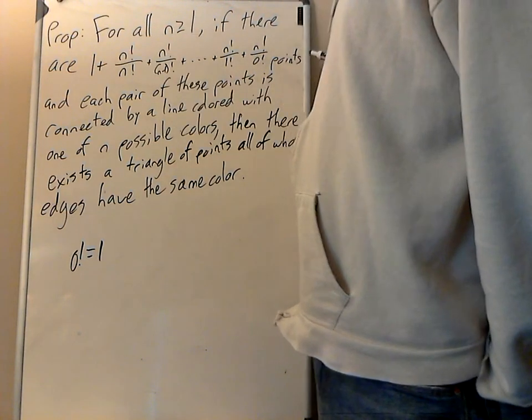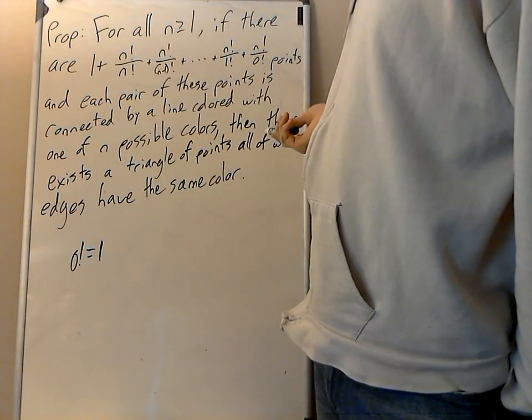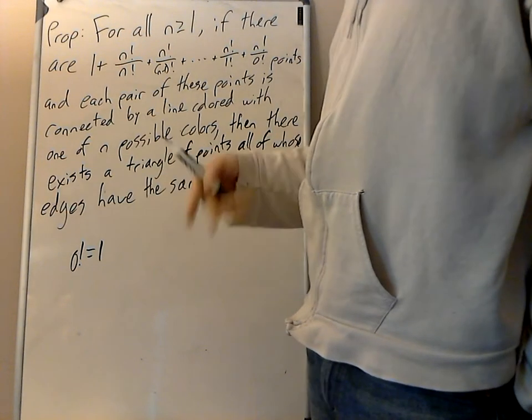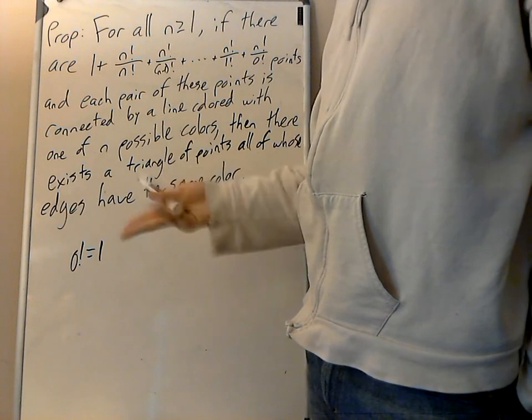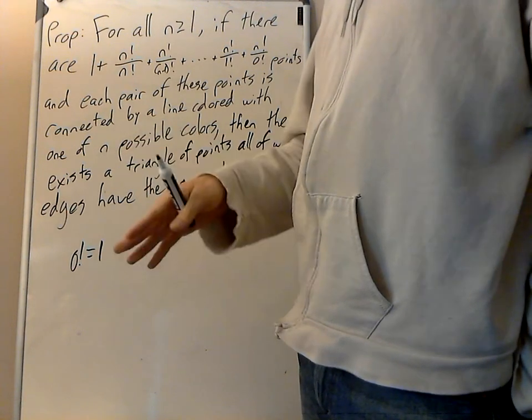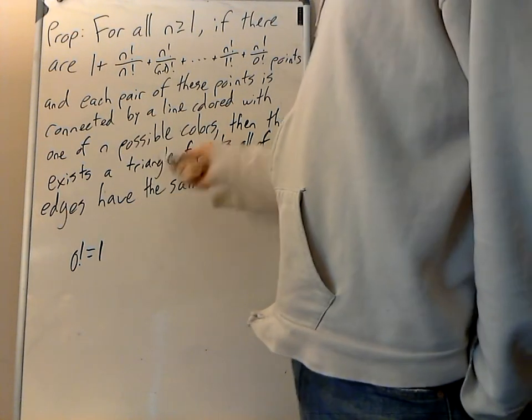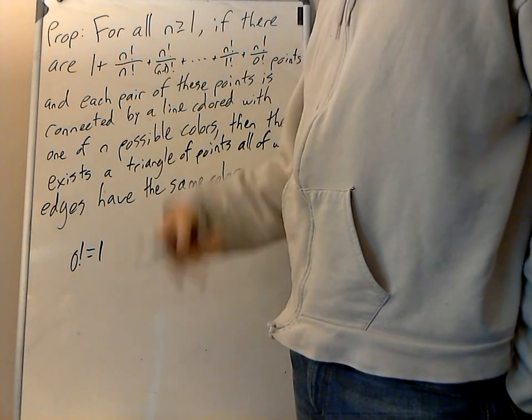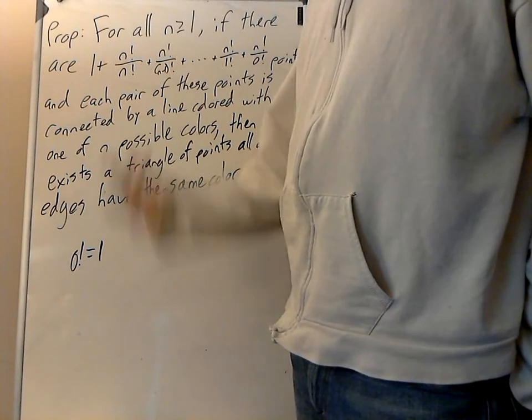And it's saying if we color the lines between each pair of points one of two colors, in that case being have met or have not met, then there is some triangle of points all of whose edges have the same color. So that is, there's a set of three people, either all of which have met or all of which have not met.